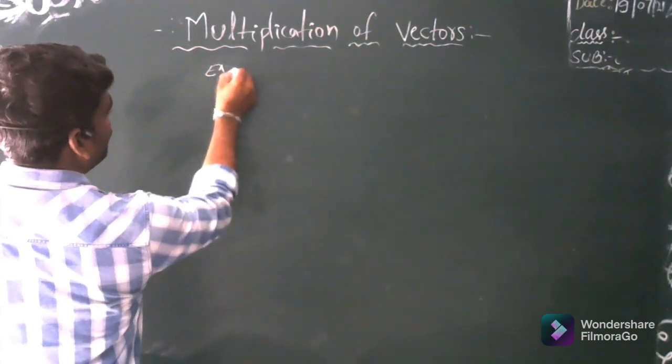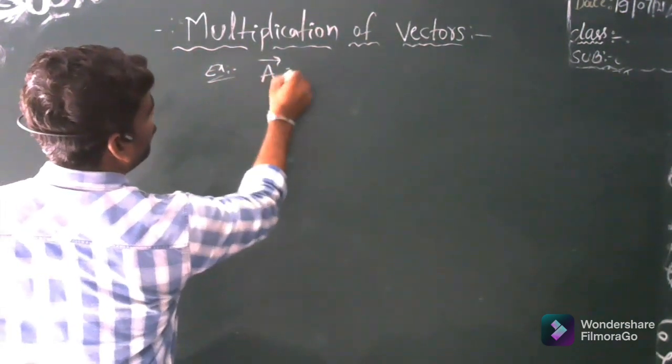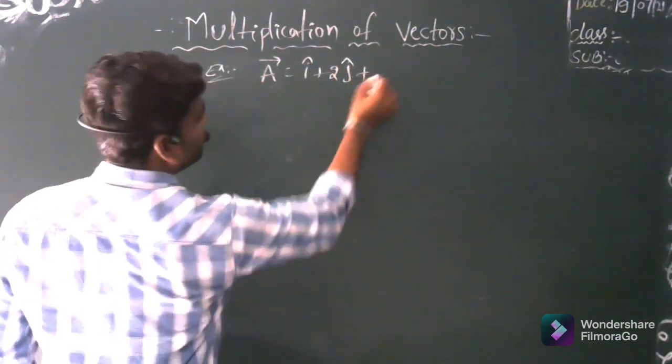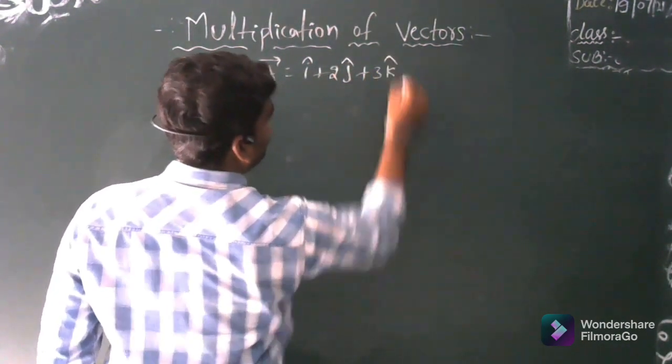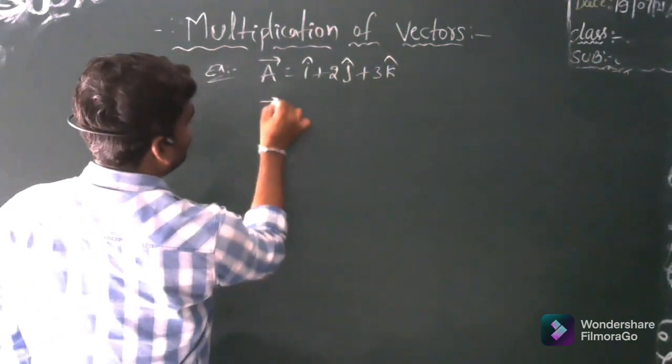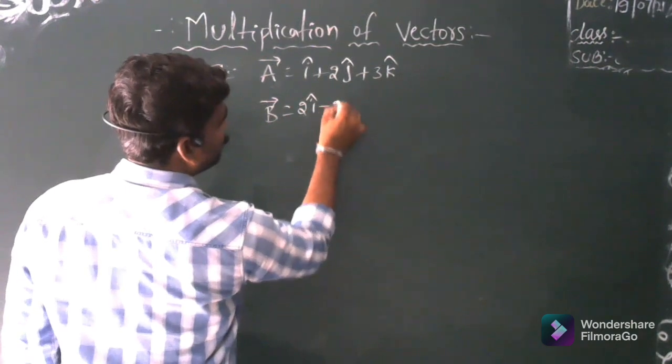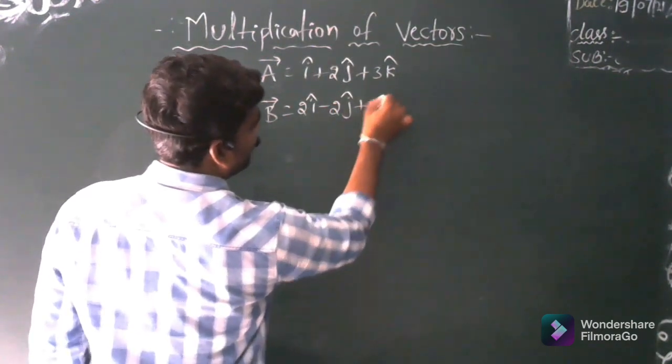So the example is, let vector A be I cap plus 2j cap plus 3k cap, and vector B be 2I cap minus 2j cap plus 3k cap.